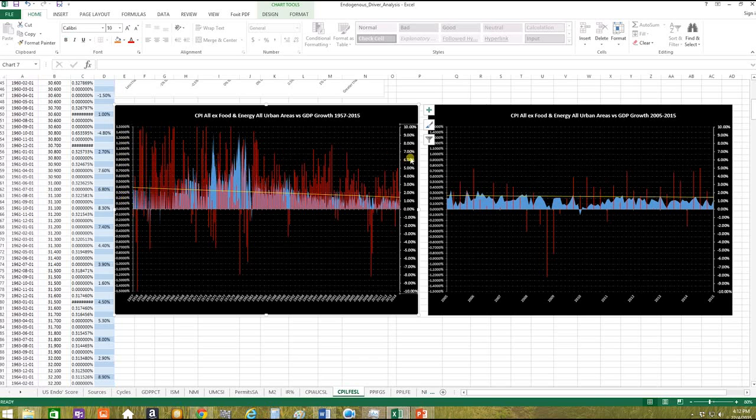And then on the right-hand side, we have real GDP quarterly on an annualized basis, and that's in red. We also have our line of best fit, or basically our normal situation, which is our mean, our average across the entire data set for CPI, fit to corresponding levels of GDP.